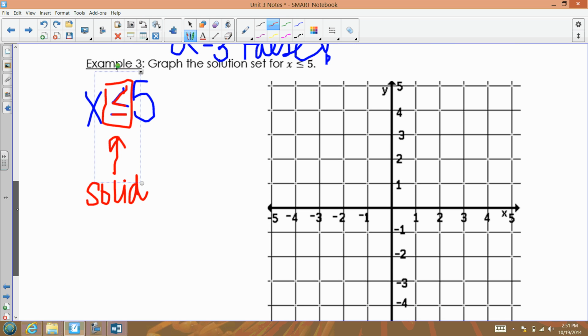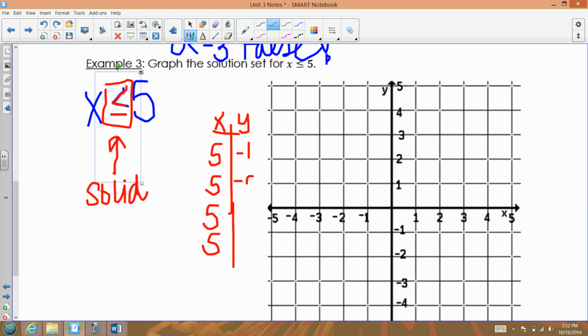And I'm going to go to 5. And remember, this is a vertical line because x is always going to equal 5, but y is going to change. If you're thinking of it as a table, x is always 5. Y can be any number you want: -1, -5, 0, 2, any number you want.